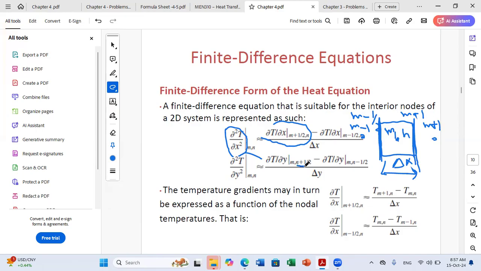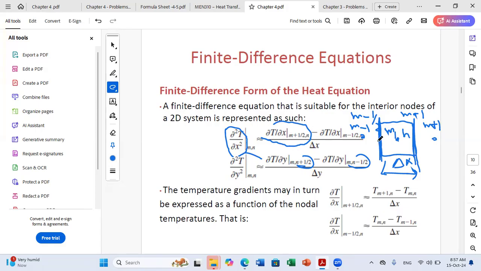So I say del T by del y at m, n plus half, minus del T by del y at m, n minus half, over delta y.